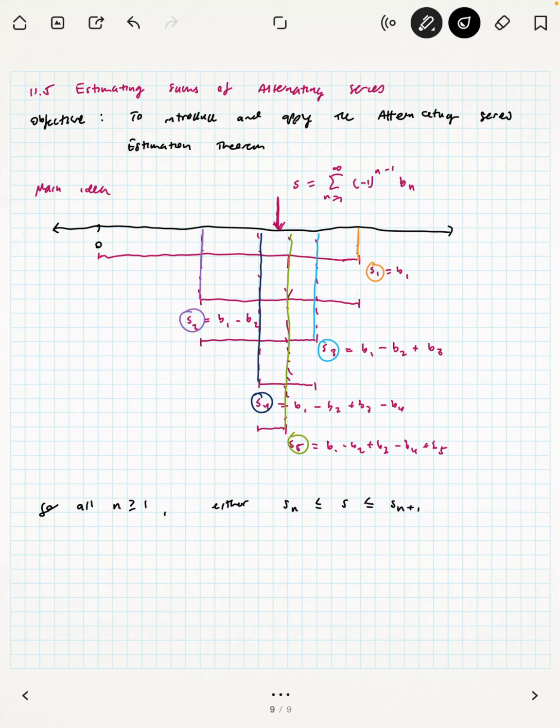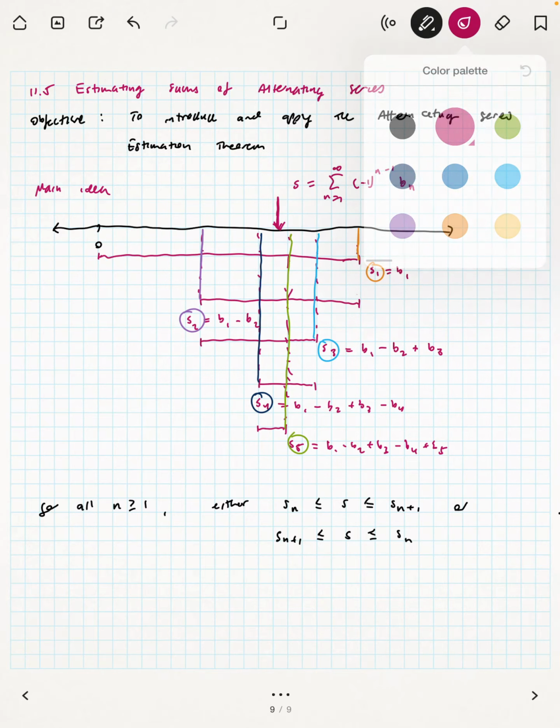So either S sub n is less than or equal to S, less than or equal to S sub n plus 1, or S sub n plus 1 is less than or equal to S, less than or equal to S sub n. Okay, so every additional term bounds the remainder, R sub n, which is the difference between the actual value of the series and the nth partial sum.